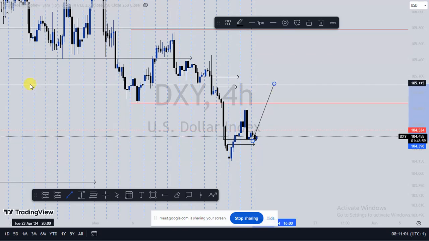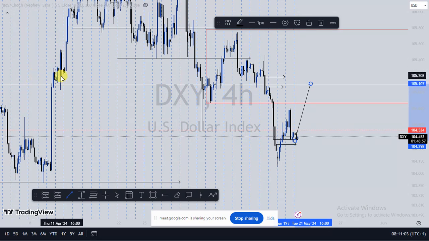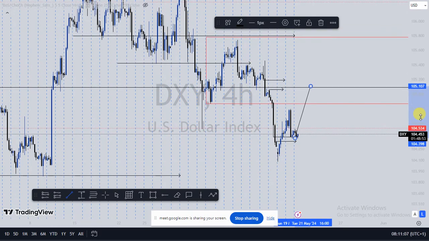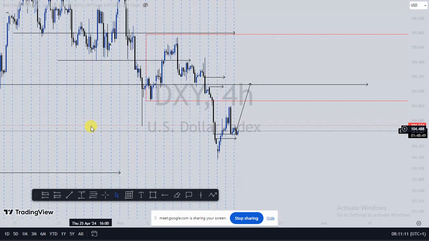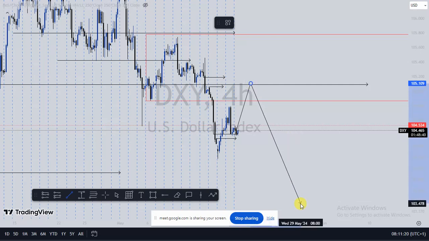If you could remember where we marked this place from the weekly, I don't know if you can still remember. I can remember. So we might have price come using this inverted fair value gap for a deeper retracement, and then we drop.